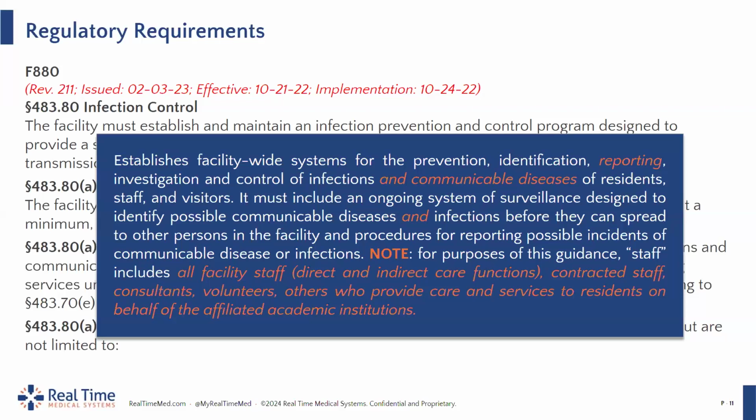That's where 880 developed from. It's that bigger bucket of our prevention efforts, giving us guidance on how we need to make sure we have the systems in place for the prevention, identification, reporting, investigation, and control of infections and communicable diseases of our residents.